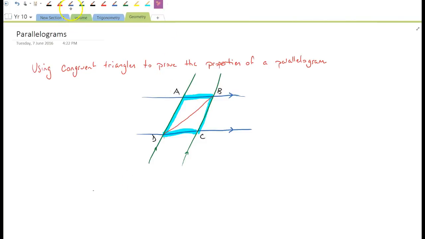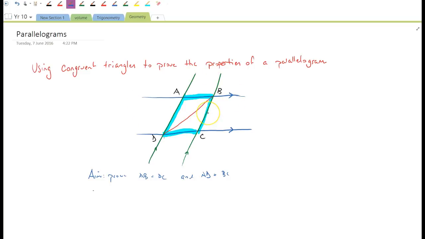What I want to do is prove that AB is equal to DC, and that AD is equal to BC. So these opposite sides. Let's just reframe it again.